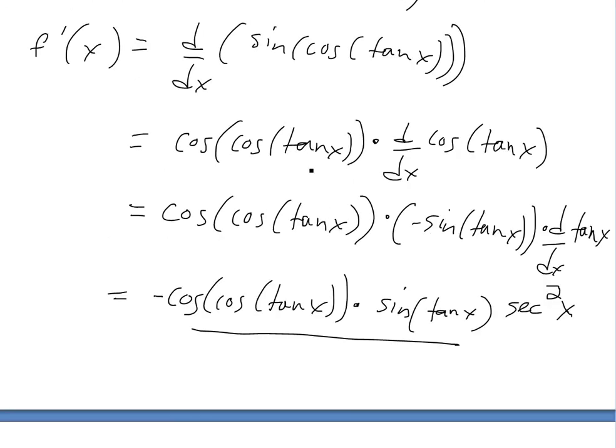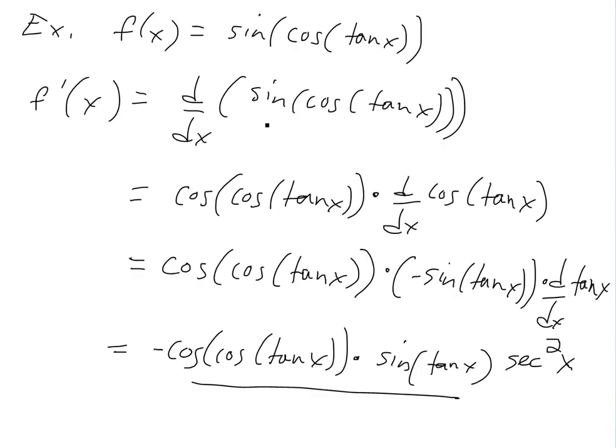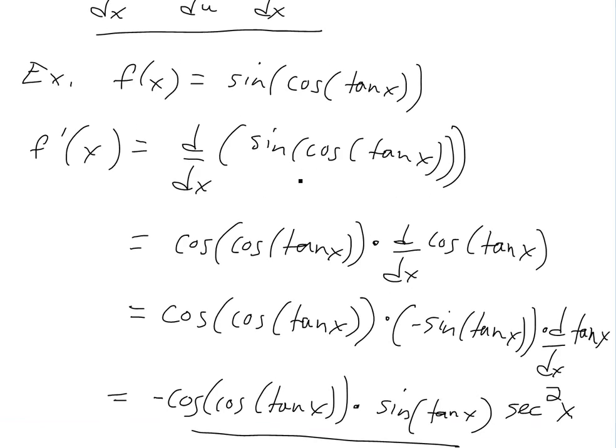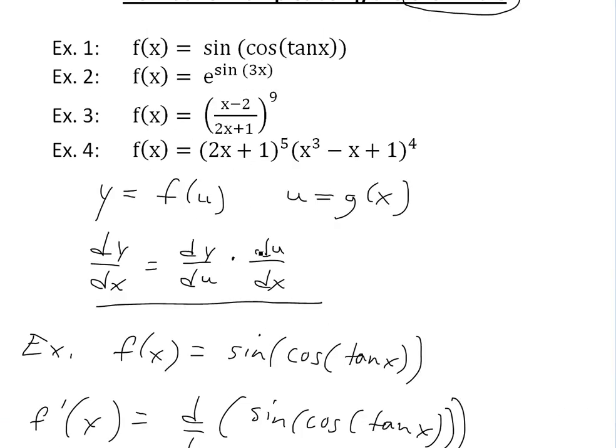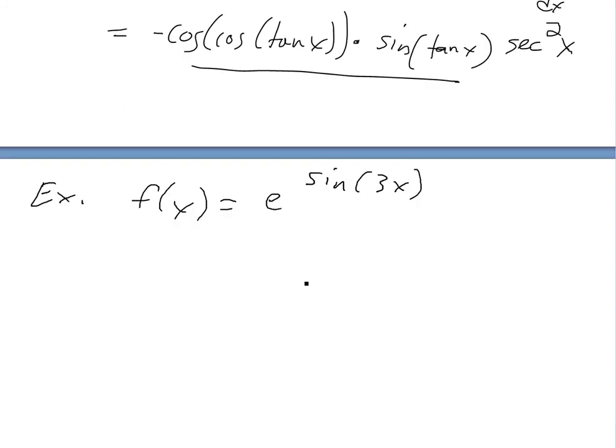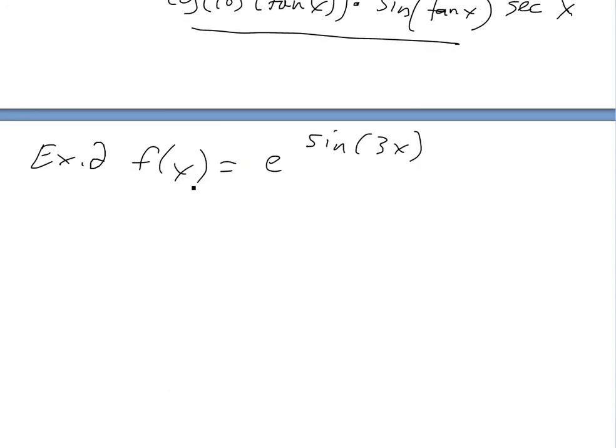It seems a bit tedious here because I'm writing d over dx everywhere to illustrate the chain rule. But I'll show you in example 2, we do it all in one step. Example 2, f(x) equals e to the sine 3x. The outer derivative is e to the sine 3x, the inner is sine 3x, and the innermost is 3x.